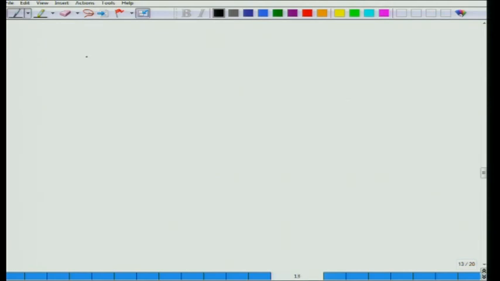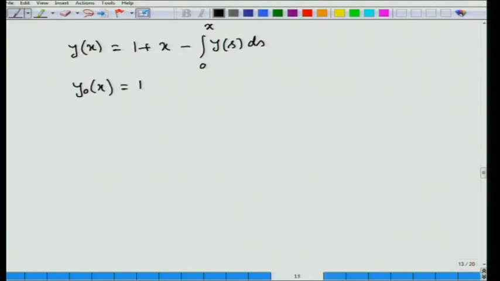If we try to solve this problem, y(x) = 1 + x − ∫₀ˣ y(s) ds, with the assumption y₀(x) = 1, you can see that y₁(x) comes out to be 1 + x − ∫₀ˣ 1 ds.